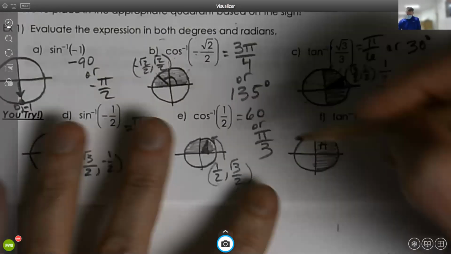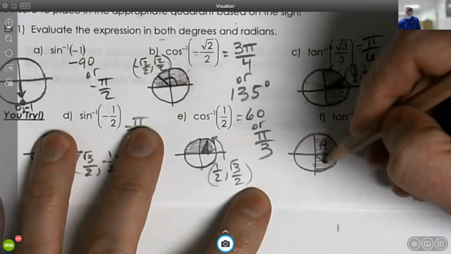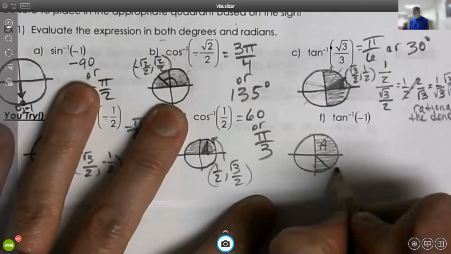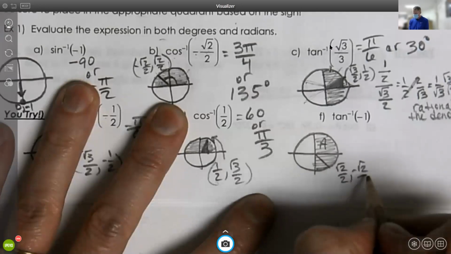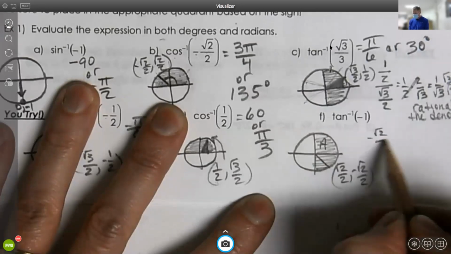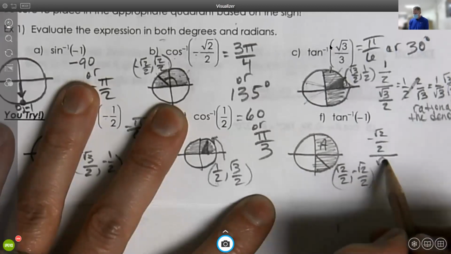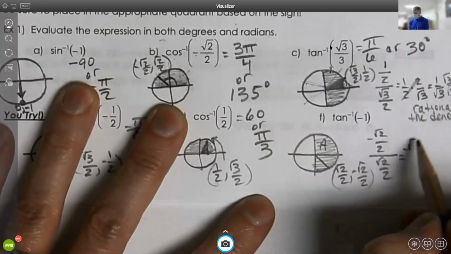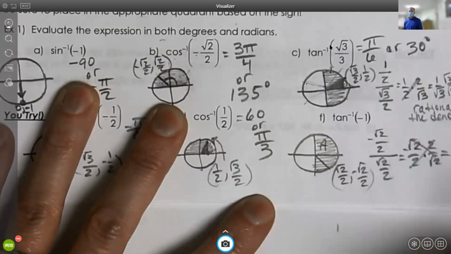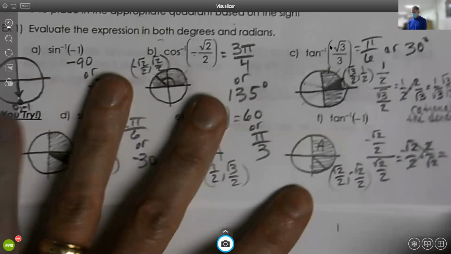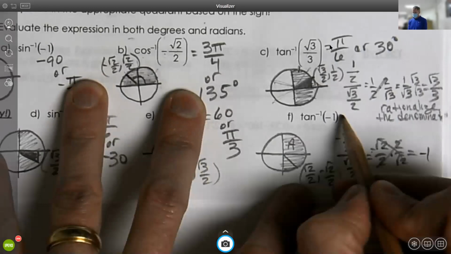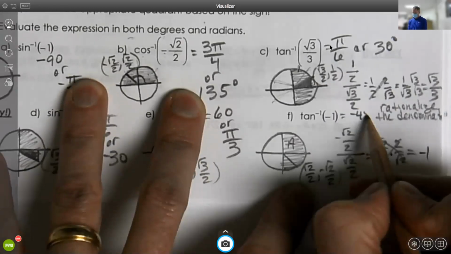If I had an angle that was coming down here at a -45, I would be down here at √2/2, -√2/2. So when I calculate out my y over x, and if you still need to flip the guy and multiply, you can go ahead and see that they all cross out. So you still have your -1. So that happens at -45 or pi over 4.